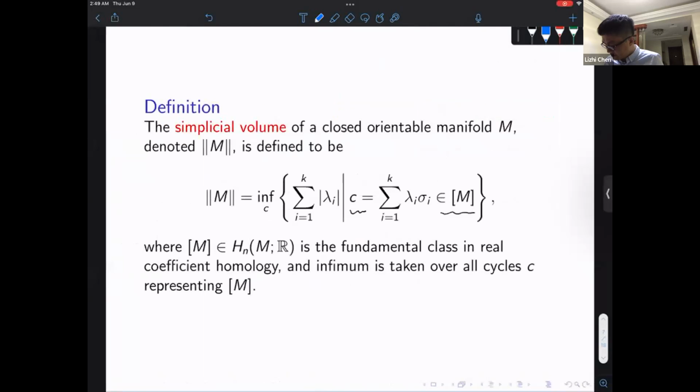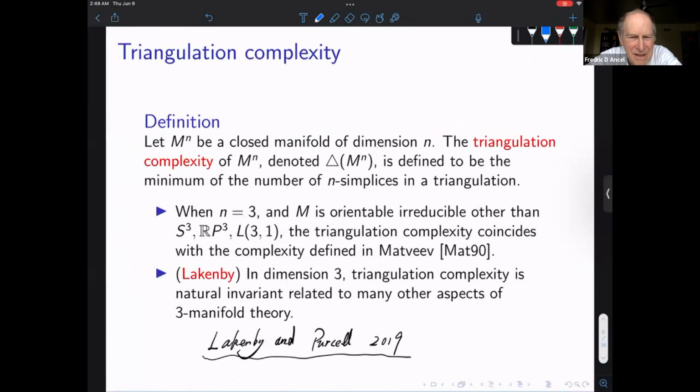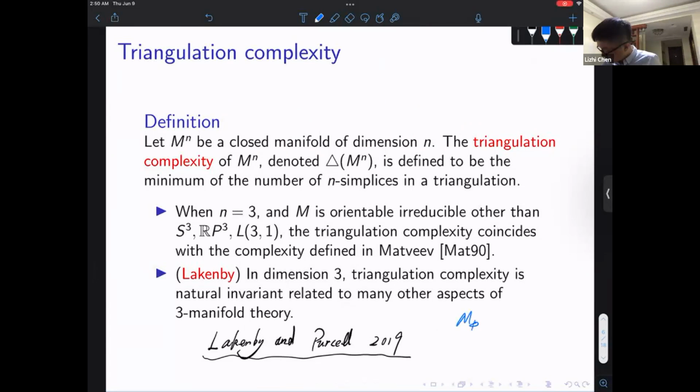In this paper, they connect triangulation complexity to the translation length of three-manifolds with mapping class group structure, multi-torus structure.